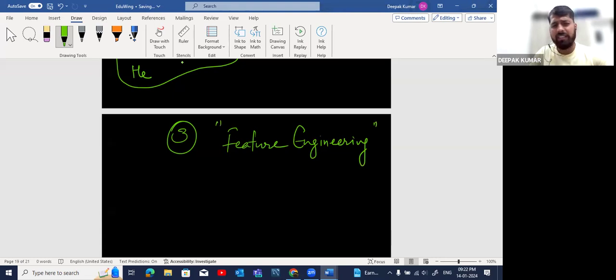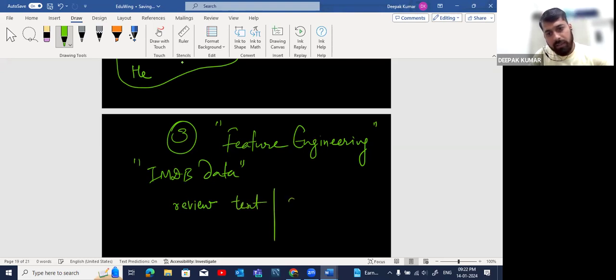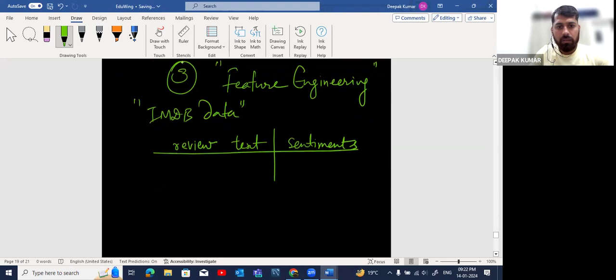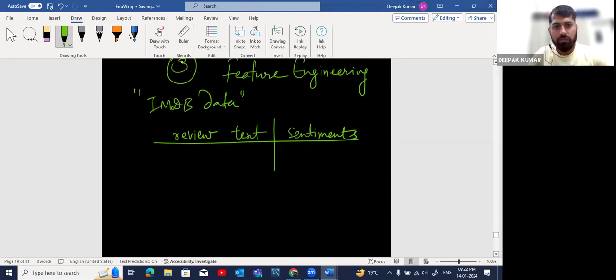Say you are doing the IMDb dataset. It's called the movie review, and it's available on Kaggle. Say you have two columns, the review text and the sentiment. Somebody has reviewed the movie. The first review, the second review, the third review.